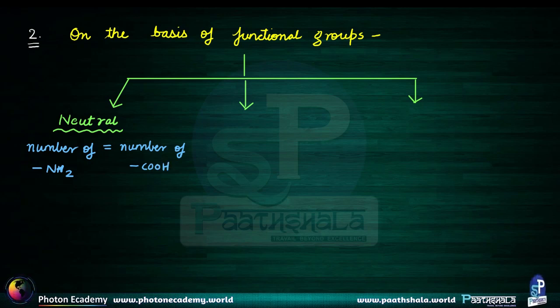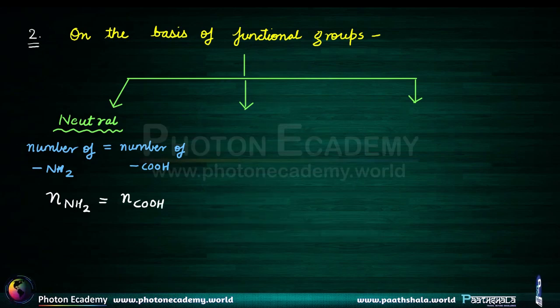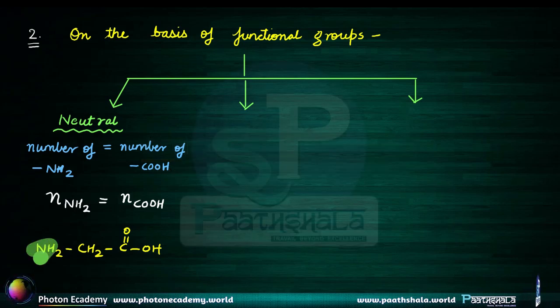A better way to represent it, let us just represent the number of NH2 by small n, and these two are equal. A good example would be where NH2 is equal to COOH, that is the carboxylic acid group. So we can very easily see that here we have one NH2 and one COOH, so the number of NH2 is equal to the number of COOH.